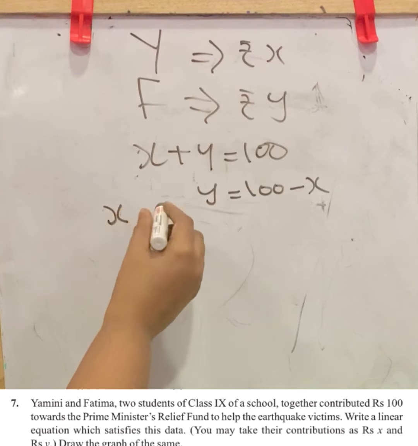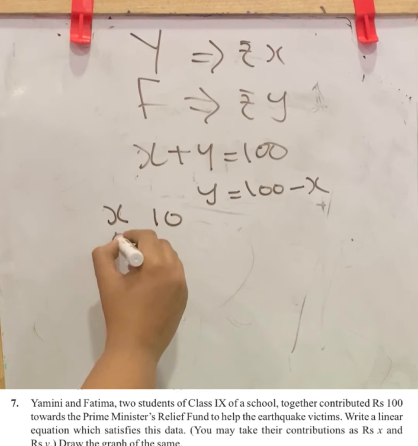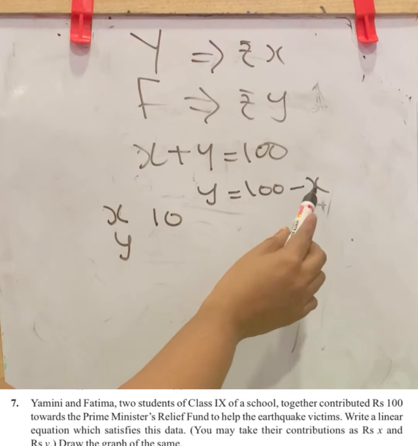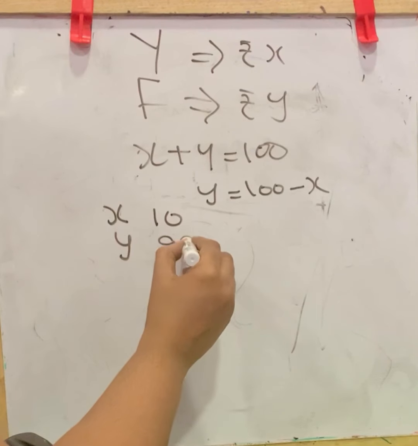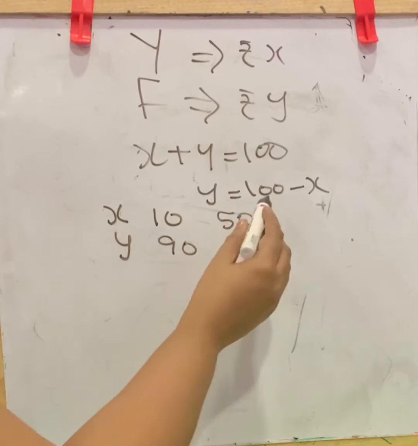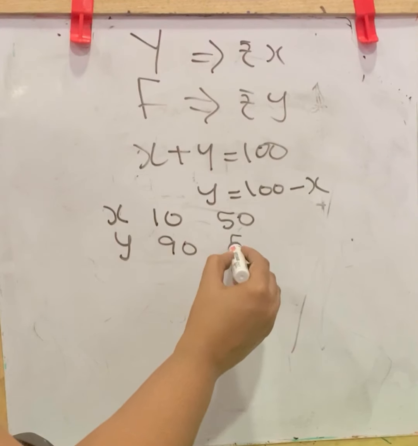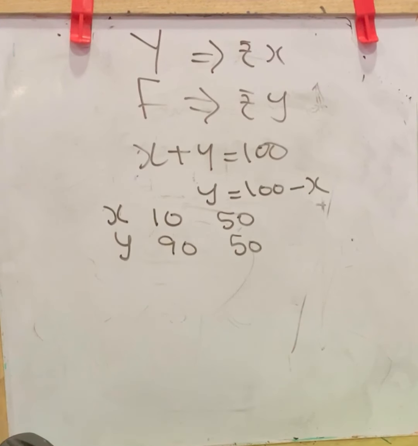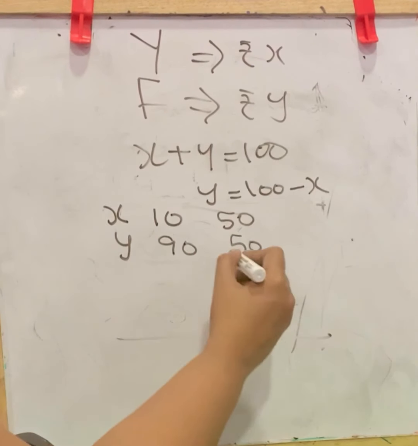So we will give x as 10, then y is 100 minus 10 is 90. Now if x is 50, y will be 100 minus 50, then 50. So 10, 90, 50, 50, you want to plot it on the graph.